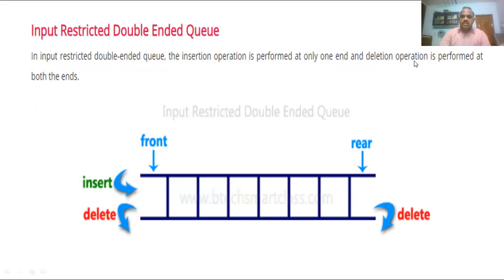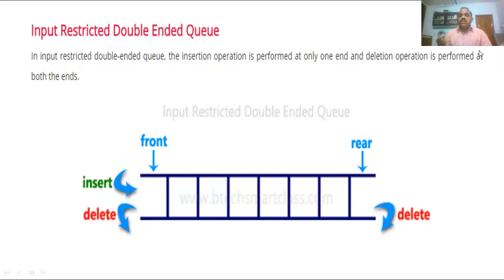In an input restricted double-ended queue, the insertion operation is performed at only one end and the delete operation is performed at both ends. So here insertion is restricted, but delete is not restricted.